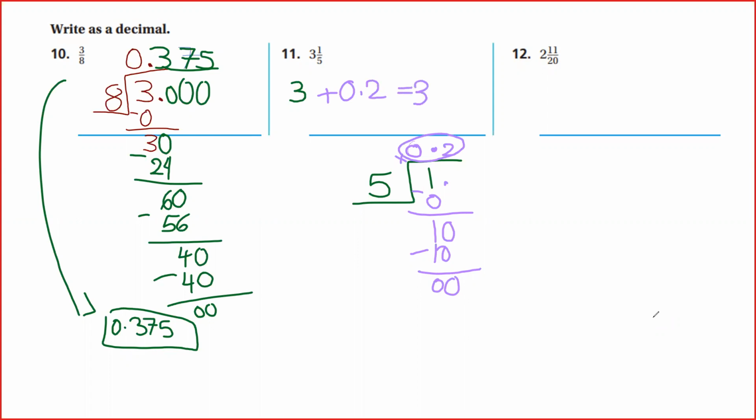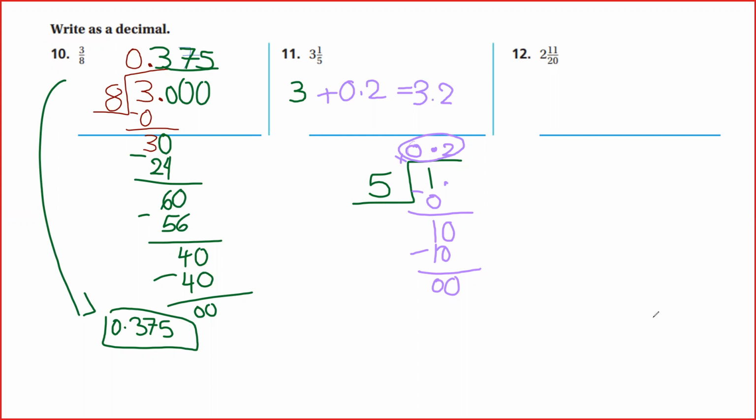So what will the answer be? 3 and 1 over 5 is 3 point... Bravo, 3.2. Thank you so much.